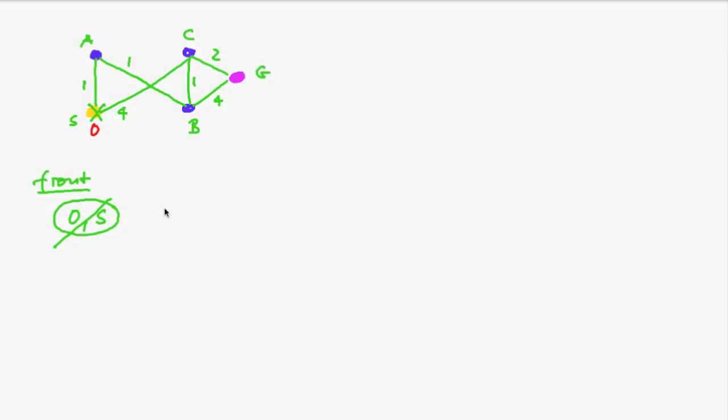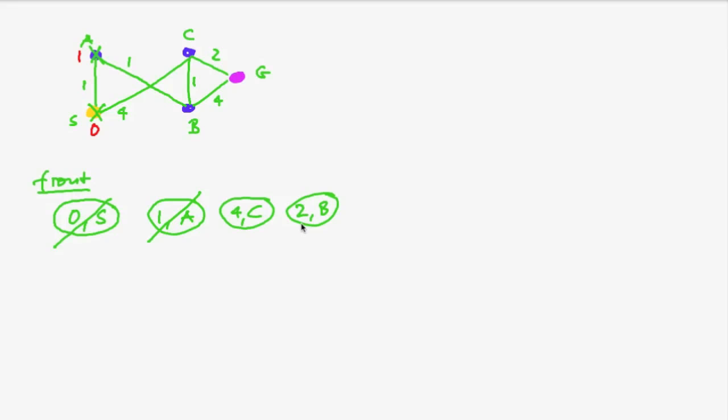Then we check the direct neighbors, which is A with the cost of 1 and C with the cost of 4. We pick the minimum element, note its final cost, and check the neighbors of A which have not been visited yet. S has been visited, B has not been visited yet and can be reached with a cost of 2. So far, our algorithm proceeds in exactly the same way as our previous version.